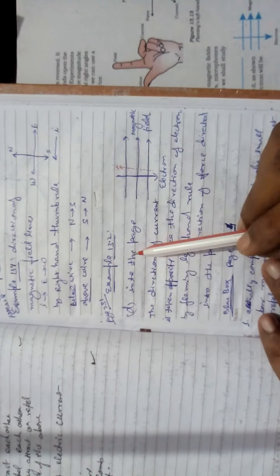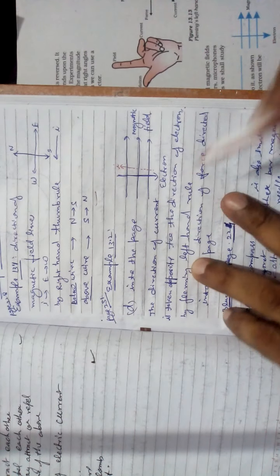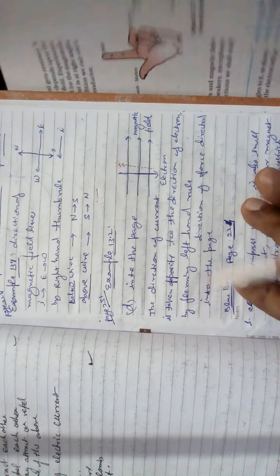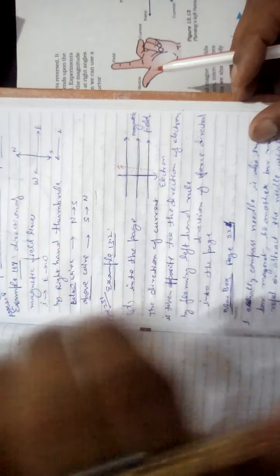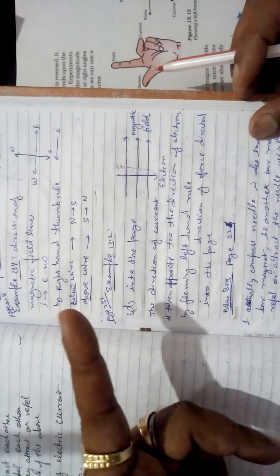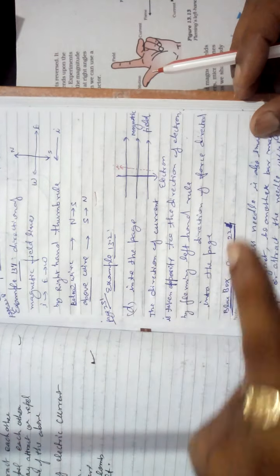Electron is coming from this side, it means the current will be just opposite. So the direction of the current is taken opposite to the direction of the electron, and we use Fleming's left hand rule.